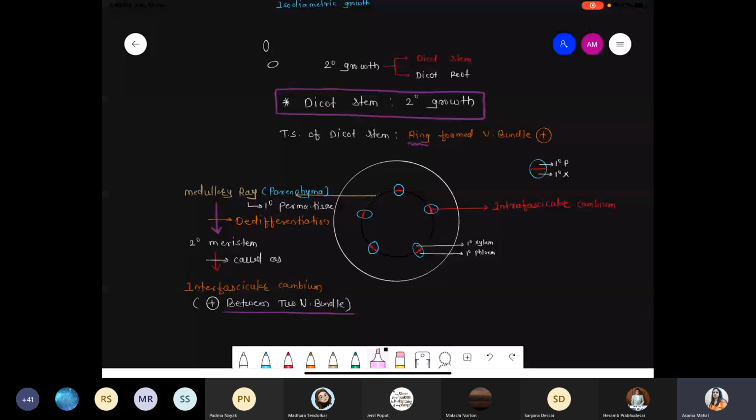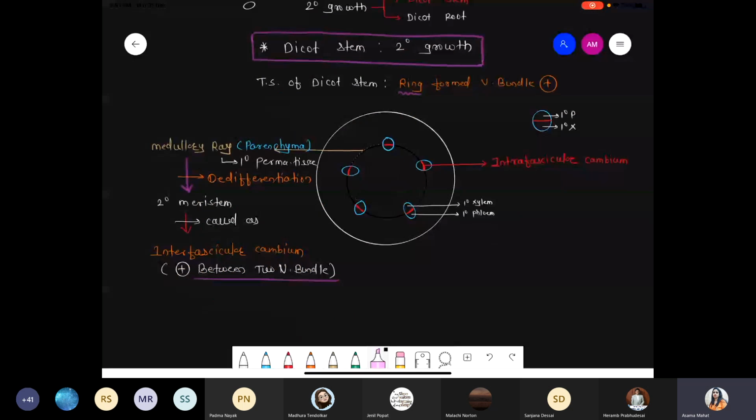Interfascicular cambium as well as intrafascicular cambium. Inter and intra. Initially medullary rays are present. That medullary ray undergoes de-differentiation. After the de-differentiation process, they convert into secondary meristem, and such secondary meristem is now called interfascicular cambium. Got it? Clear this point?